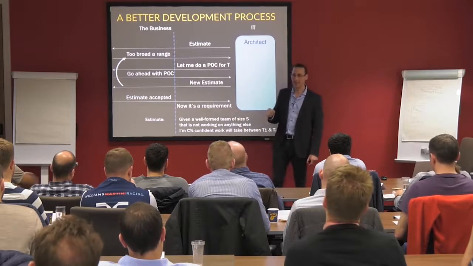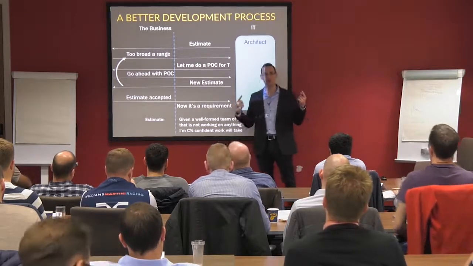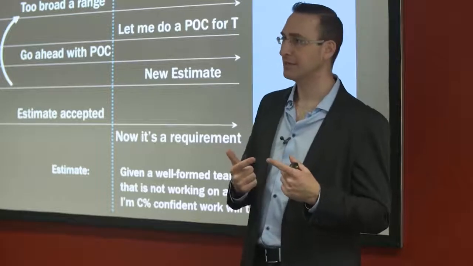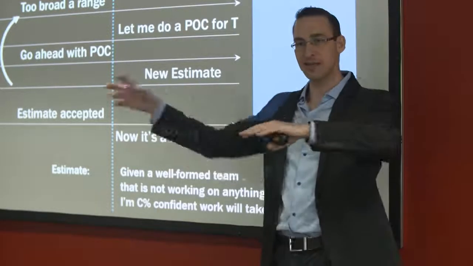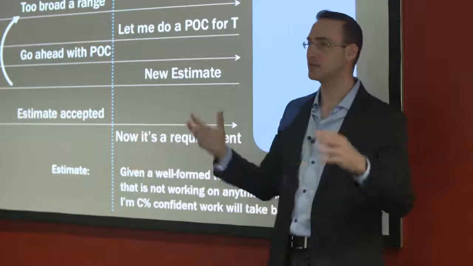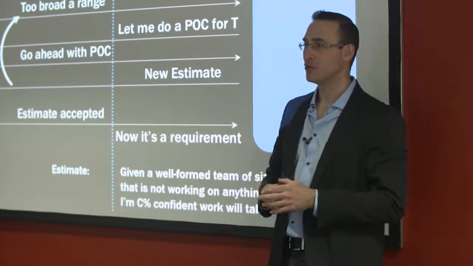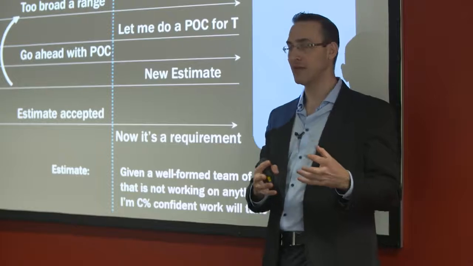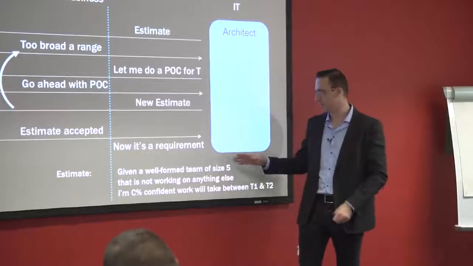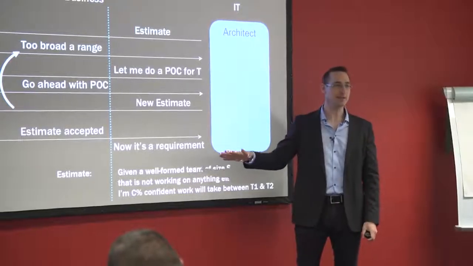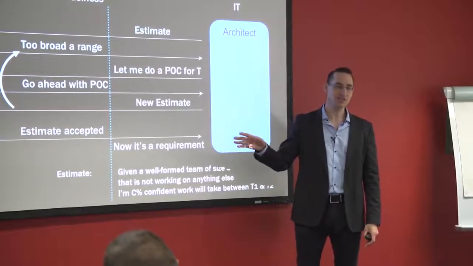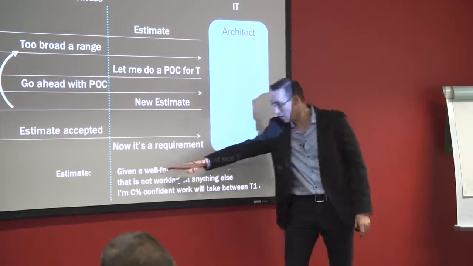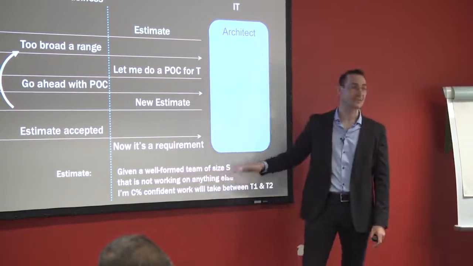Well-formed, meaning this is a group of people that have worked together in the past. Not a bunch of people that we just picked up off of the street and threw together and said, okay, this is the team, right? You need to have a team, not a collection of individuals, that know how to work together of a certain size. Already at this point, most organizations can't do estimates because they don't operate under this assumption.